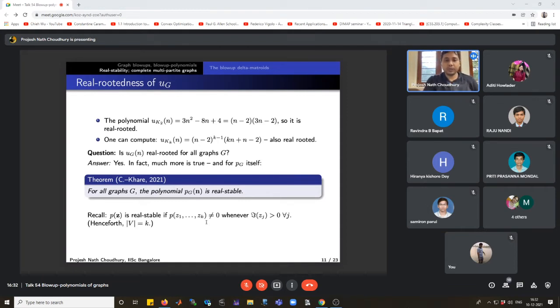So here is our result. The Blowup polynomial PG is real stable for all graphs.